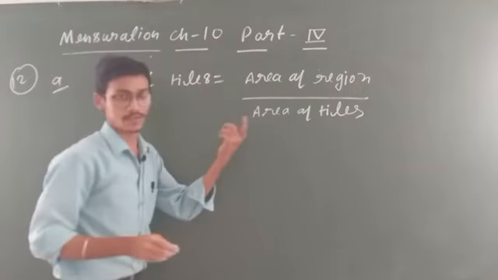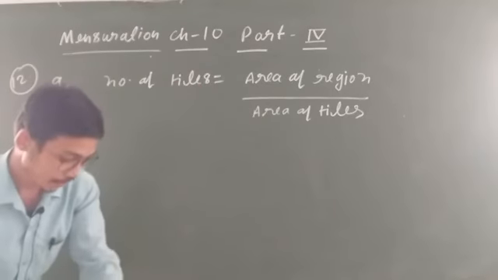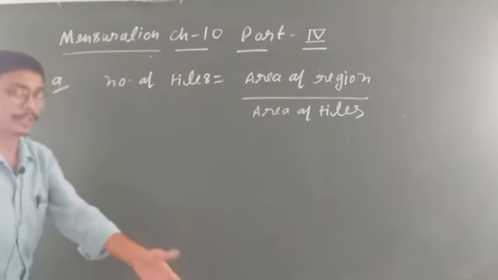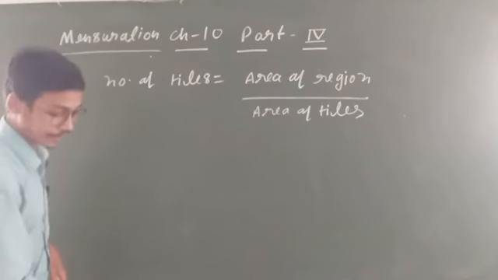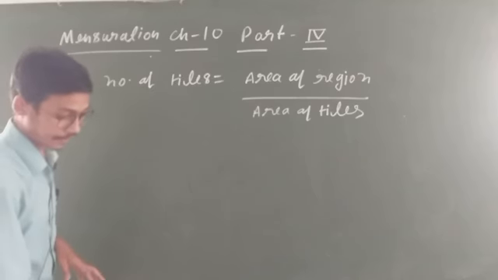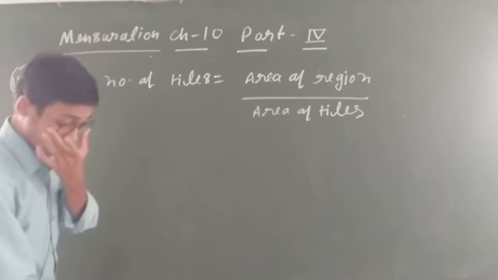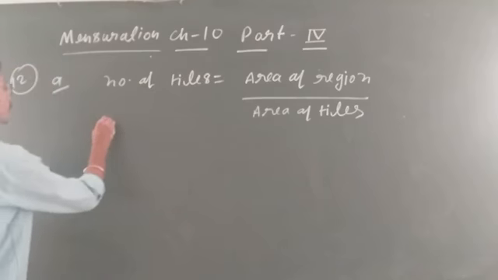With the help of this we can solve. Student, how? Let us see what is given. How many tiles whose length and breadth are 12 and 5, needed to fit a rectangular region whose length and breadth are given. So number of tiles.